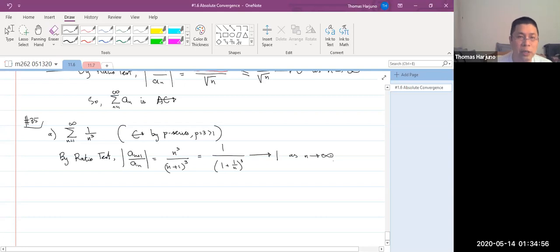So you see this series we know is convergent, but when we use ratio test, it converges to 1.